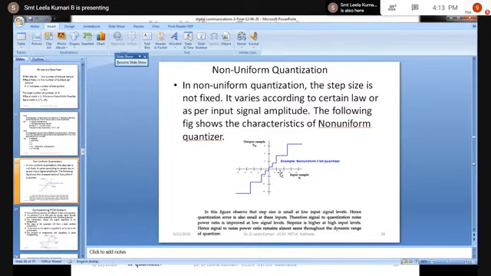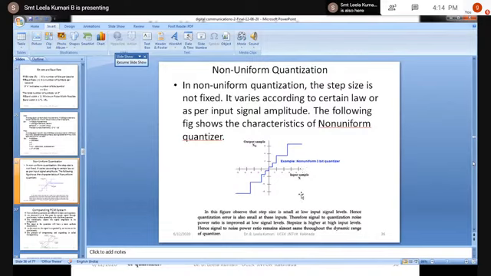So the step size is small at low input signal levels, hence quantization error is also small at these inputs. Therefore, the signal to quantization noise power ratio is improved at low signal levels, and the step size is higher at high input levels. Hence, the signal to noise power ratio remains the same throughout the dynamic range of the quantizer.